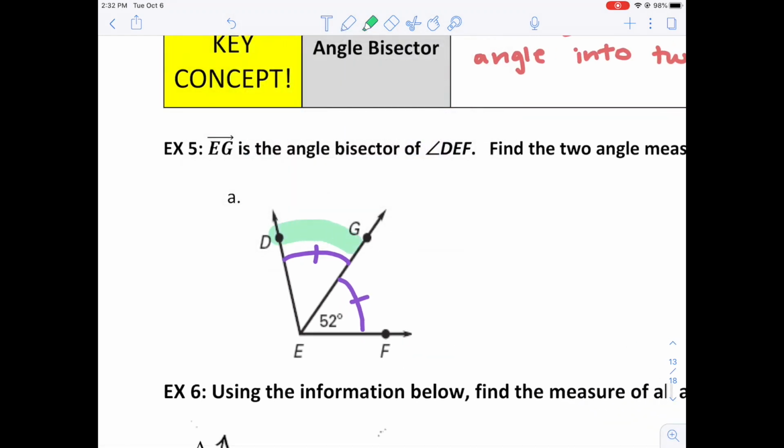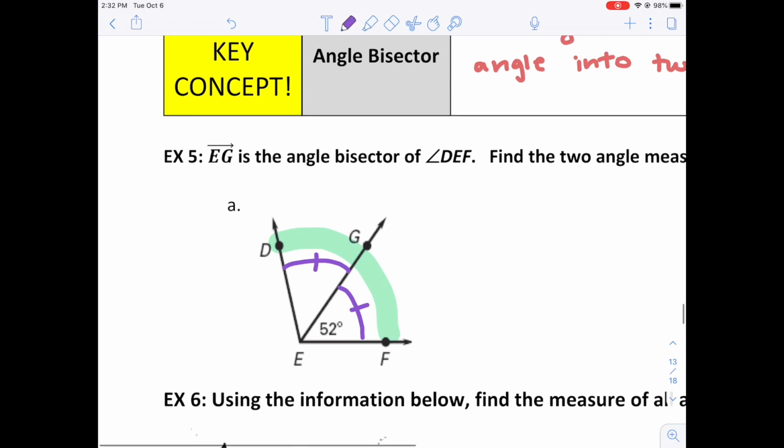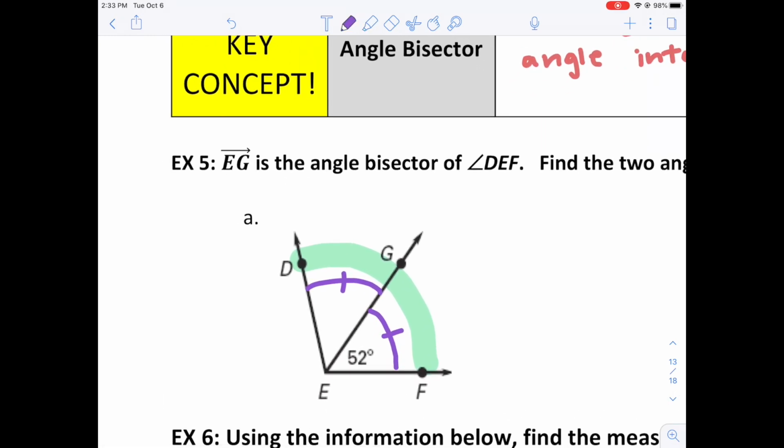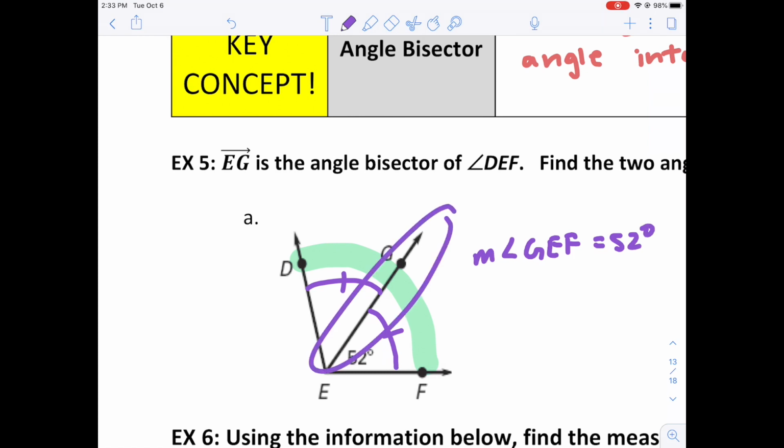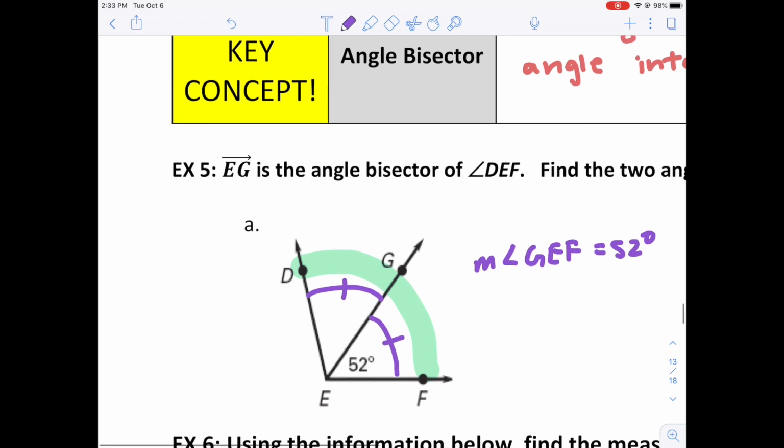So I know one angle right now. I know that the measure of angle GEF equals 52 degrees. But because EG is an angle bisector, I also know that the measure of angle DEG equals 52 degrees as well.